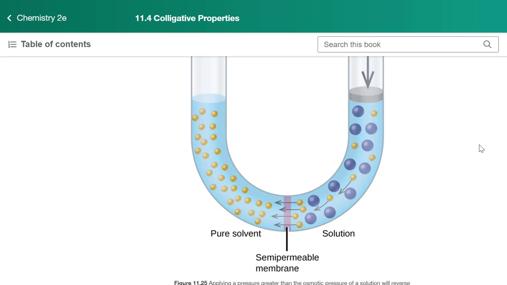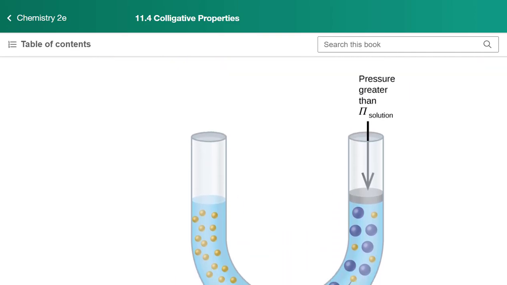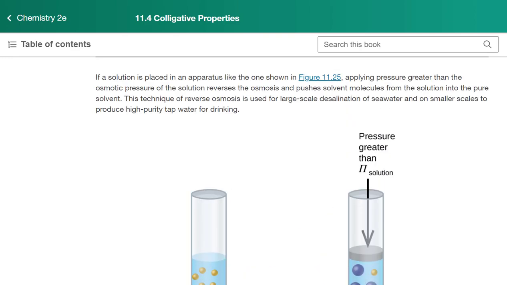This is sometimes called reverse osmosis. You may have heard of reverse osmosis, or RO, as a process that can be used for purifying water. It is the process that we use to get our DI water. And so the idea here is that you can apply a force, use a membrane, and purify water in a way that uses the semi-permeable membrane along with the pressure.